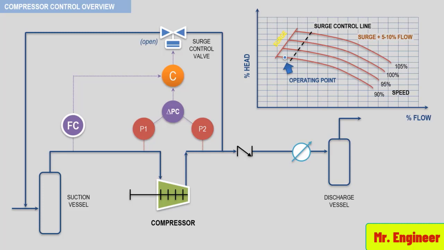And the new operating point will move to the right of the surge control line as depicted here. Finally, note that an industry-accepted practice is to set the surge control line at surge flow plus a safety margin of 5 to 10%.